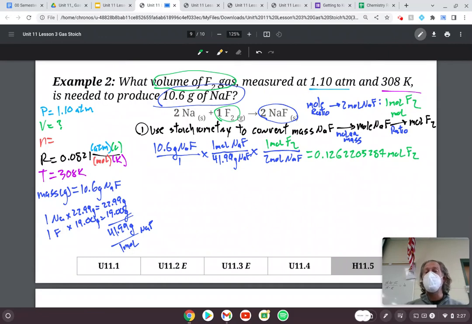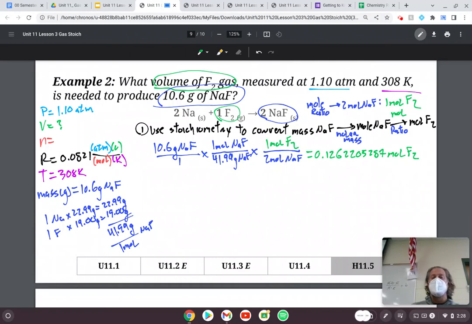We then go from moles of NaF to moles of F2, which we use our mole ratio for. And our mole ratio in this case, we're comparing fluorine F2 to NaF, sodium fluoride, and it's a 1:2 ratio. And I set it up to get the moles of F2, 1 mole of F2 on top, multiplied across the top, and then divided, and I ended up with 0.126.